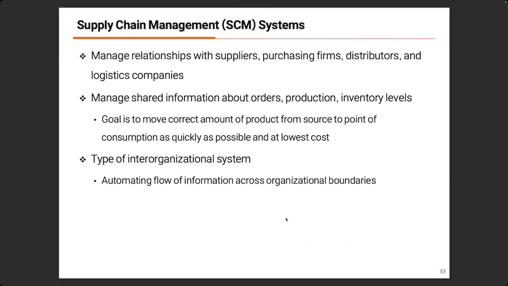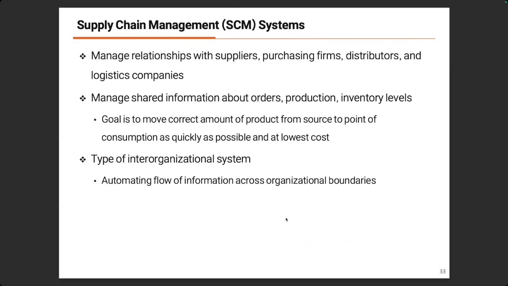So its goal is to move the correct amount of product from source to point of consumption as quickly as possible and at lowest cost. So the use of supply chain management can increase profitability by lowering costs of moving and making products by enabling managers to make better decisions about how to organize and schedule sourcing, production, and distribution.